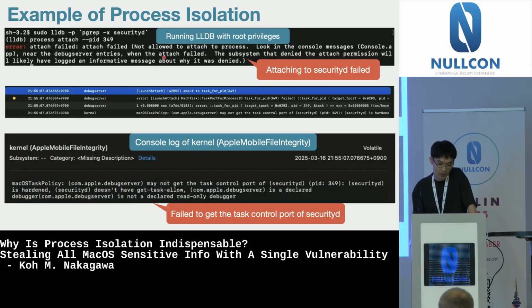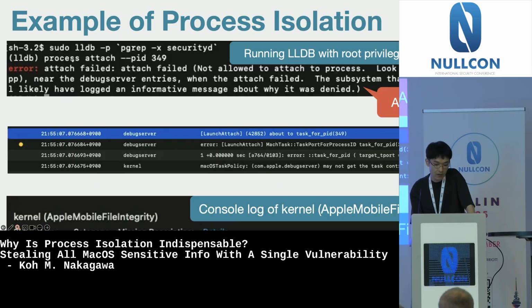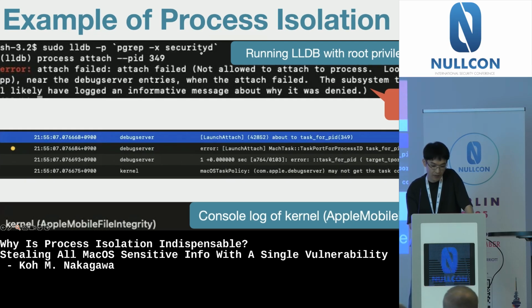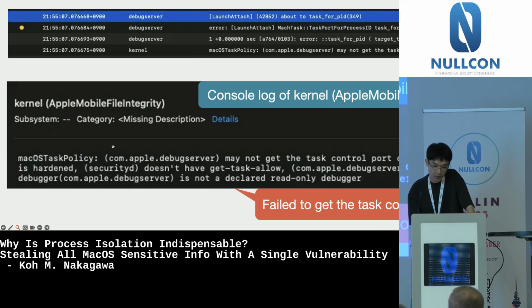Let me show a quick example of that isolation in action. Here I'm running LLDB as root and trying to attach to the security daemon. But SIP blocks this attach operation. This failure is recorded in the unified log.